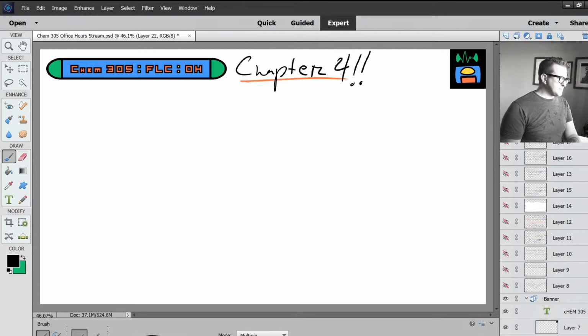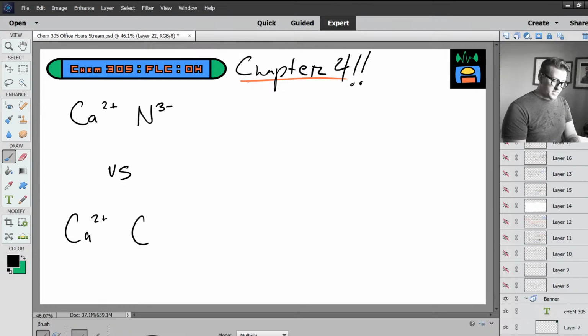So the comparison is calcium nitride, where these two ions come together, versus calcium carbide, when carbon has an anionic charge of -4.